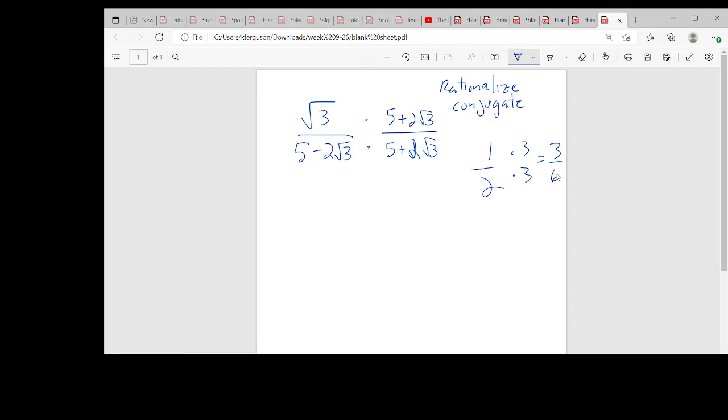So as long as I multiply the top and the bottom by the same number, it doesn't change the value that fraction represents. I just threw that up there to prove my point. So half has nothing to do with this problem.